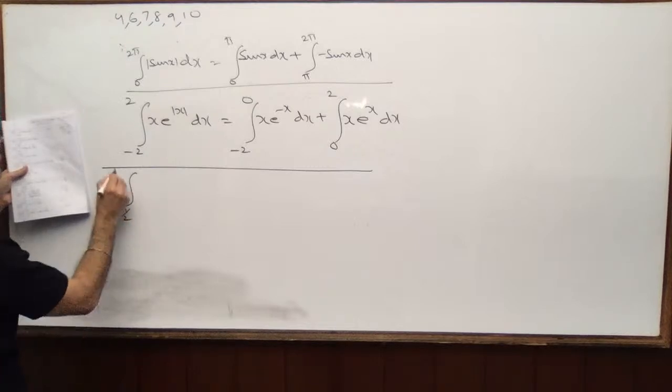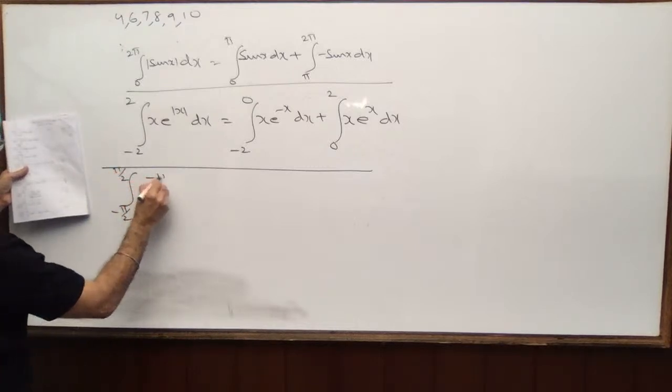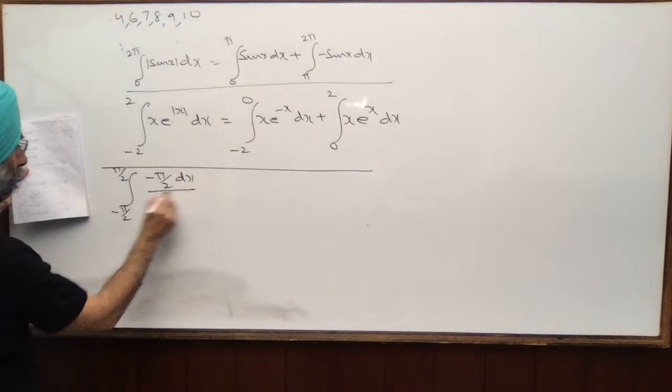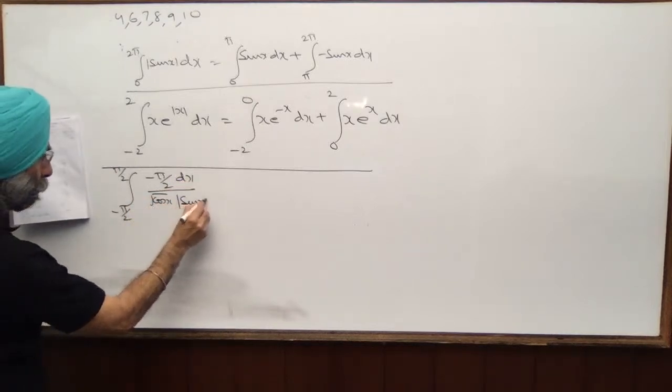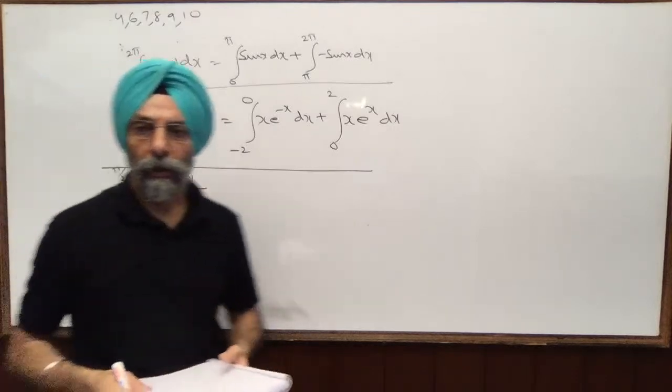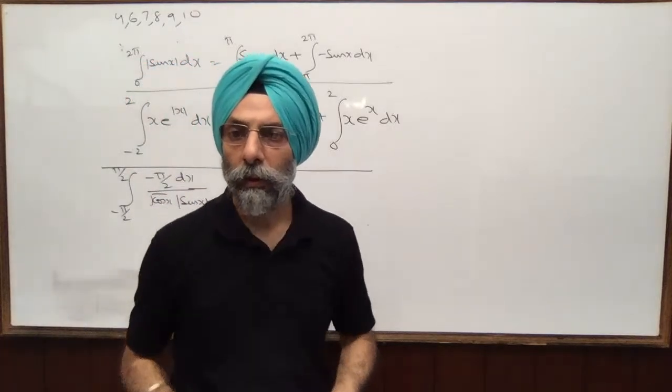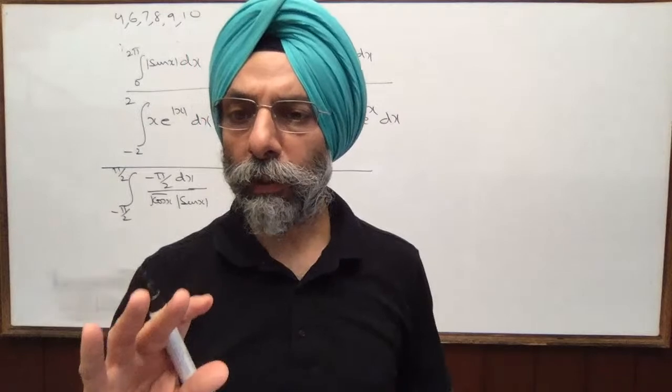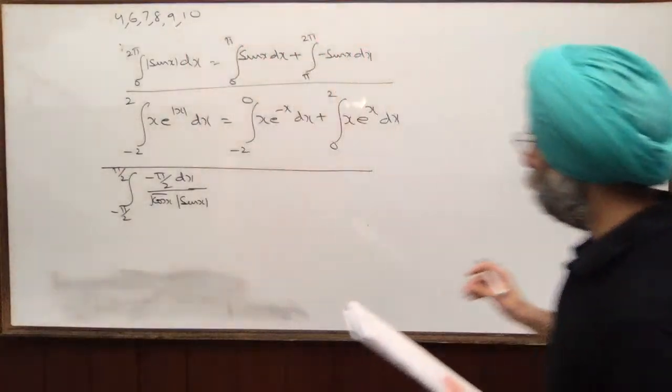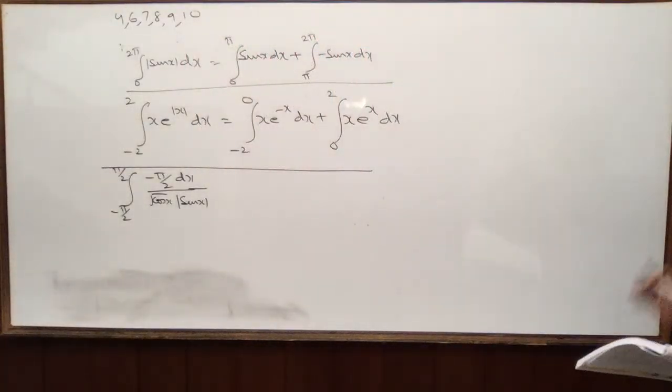Minus pi by 2 to pi by 2, minus pi by 2 dx over mod under root of cos x. Then it is modulus of sin x, because when we take square root of x, we have to write it as mod of x.